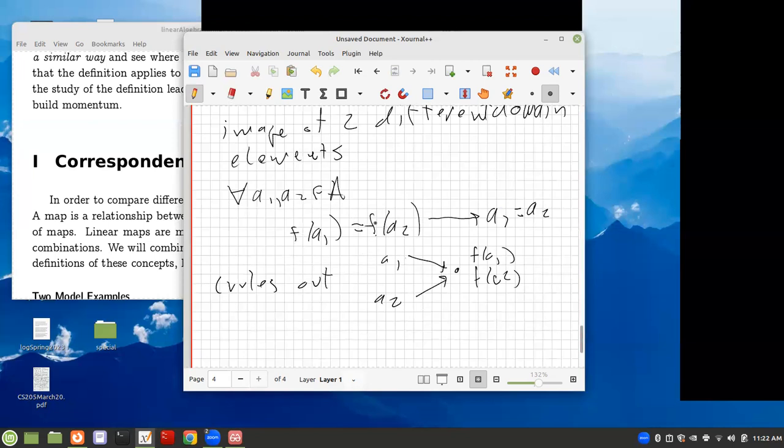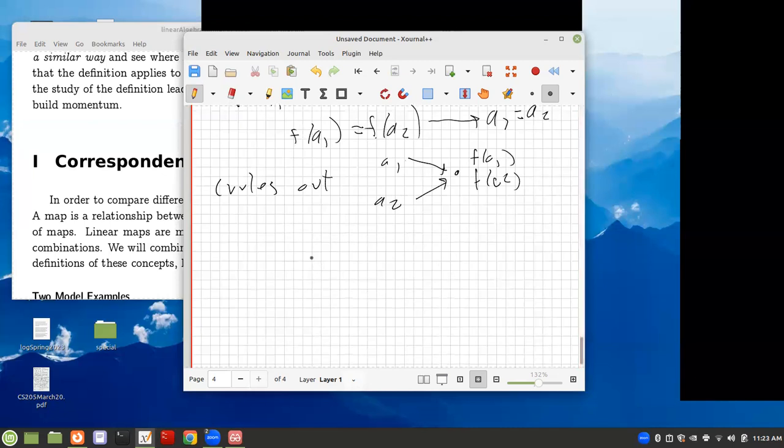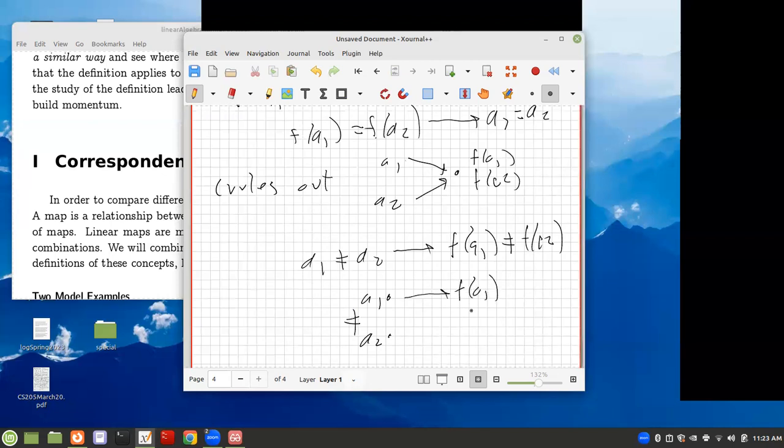Okay, and you can also look at the contrapositive. It says if A1 is not equal to A2, then that would have to imply that f of A1 is not equal to f of A2. So this first version rules out this situation.